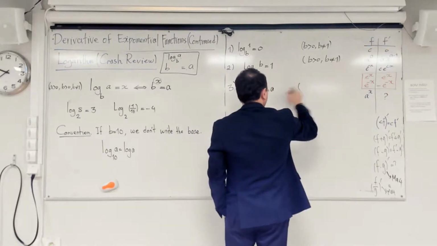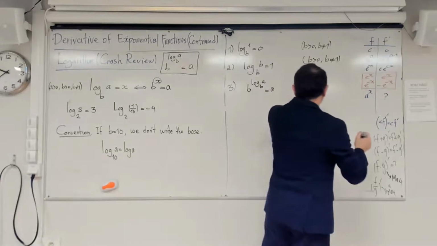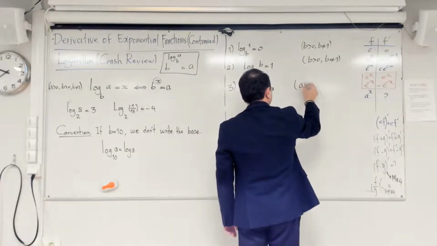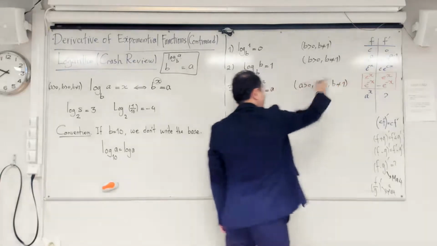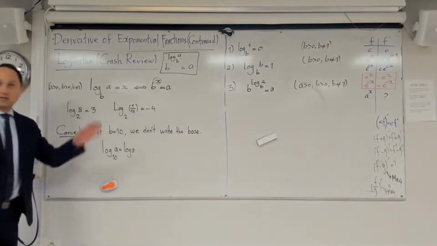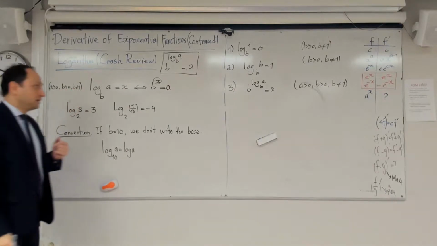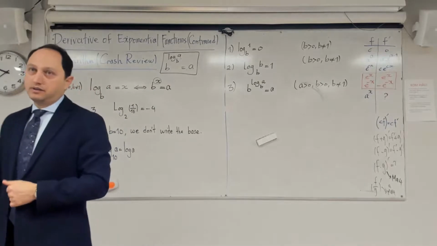Of course you need to respect the conditions. A should be positive, b should be positive, b shouldn't be equal to 1. If you respect these conditions, then that is fine. Is that clear? Do you remember another very important formula for the log?